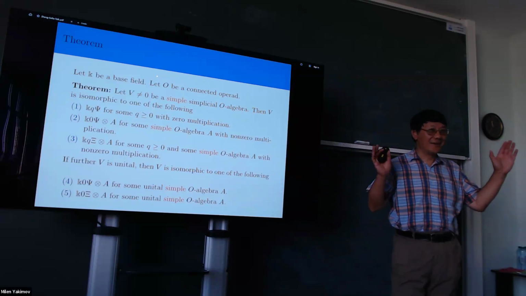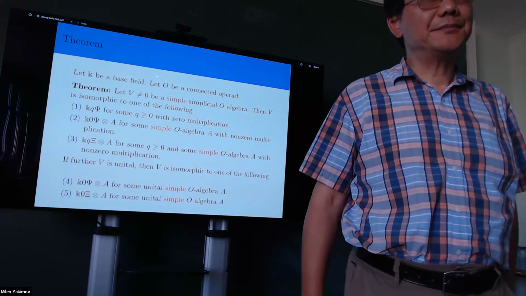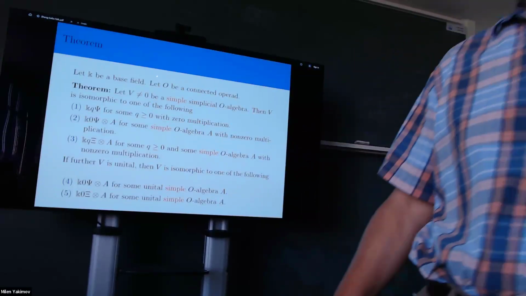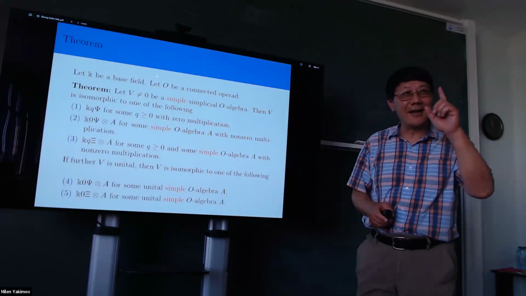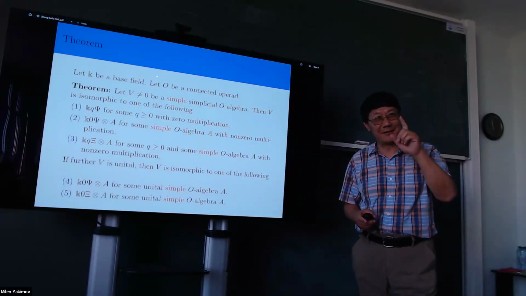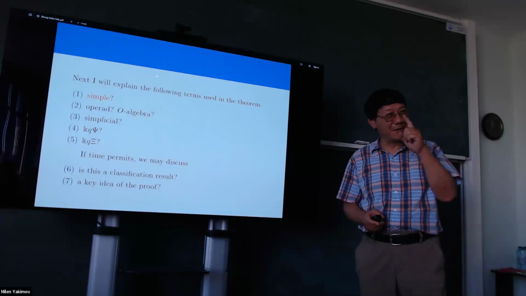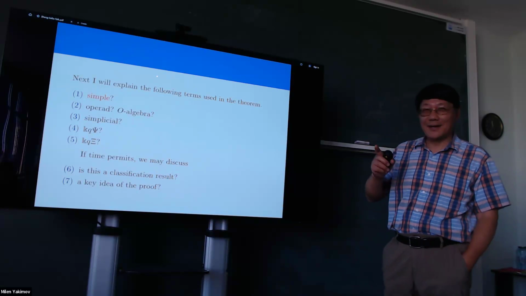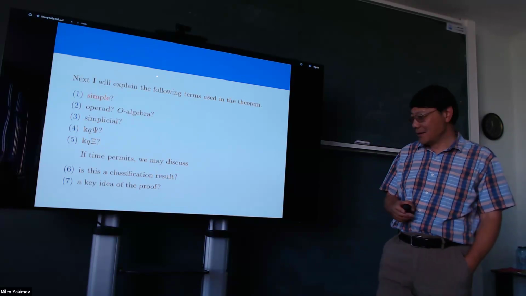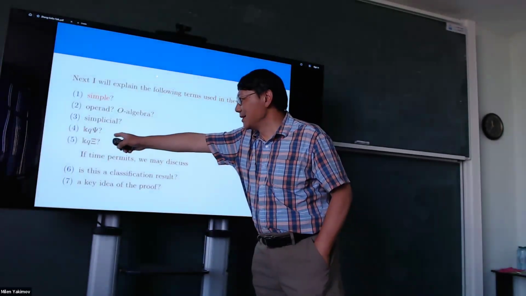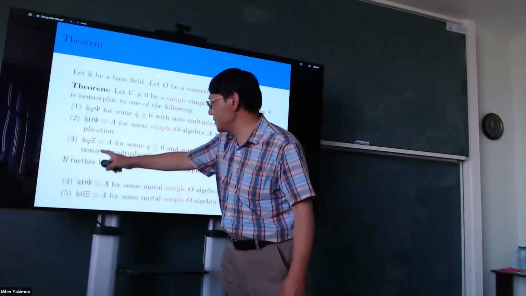You had the definition earlier of the simple simplicial algebra. What is a simple simplicial algebra? Good question. I have a slide here. This is an item I'm going to explain first. I will explain what simple means, what an operad is, what an O-algebra means, and what simplicial means. Also these algebras, if we go back, I have these symbols.